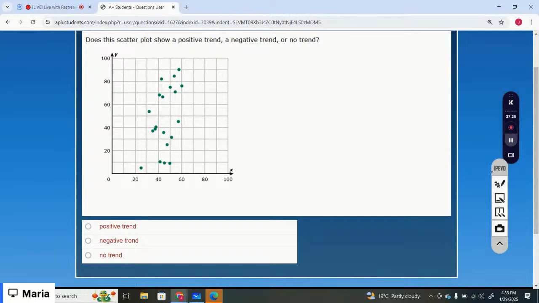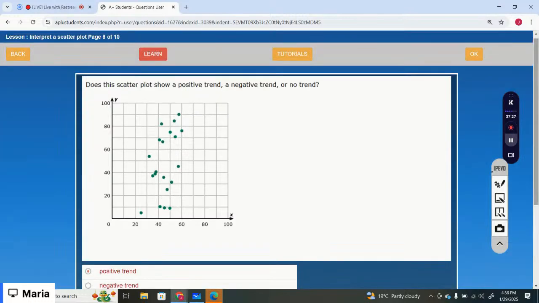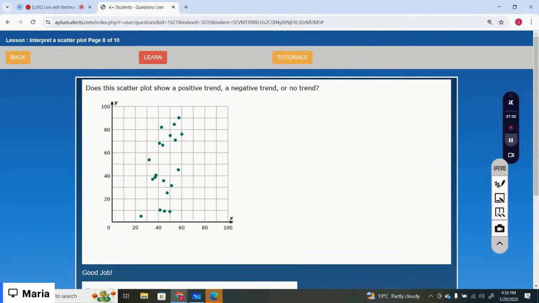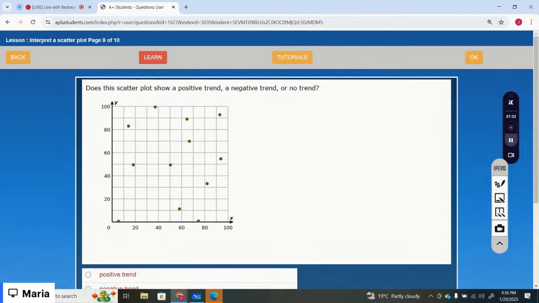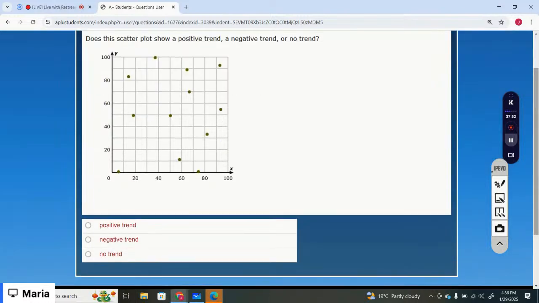That is positive trend. That is no trend.